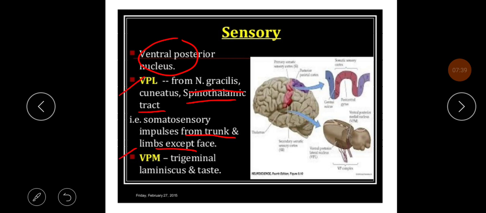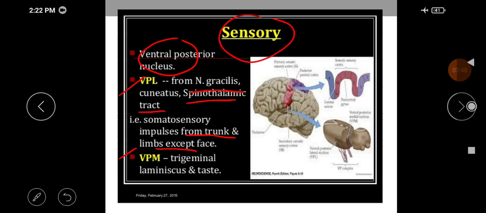Obviously, for most of the sensory modalities, the third order neuron starts from the thalamus, except for one sensation, that is olfaction. And VPM carries information from the trigeminal lemniscus and taste sensation to the cerebral cortex.